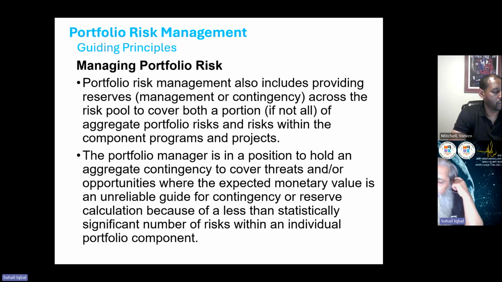Expected monetary value works fine with projects. It works fine even with programs. But in a portfolio, this is simply not 2 and 2 equals 4. There are a lot of other factors also. So it is an unreliable guide for contingency and reserve calculation.